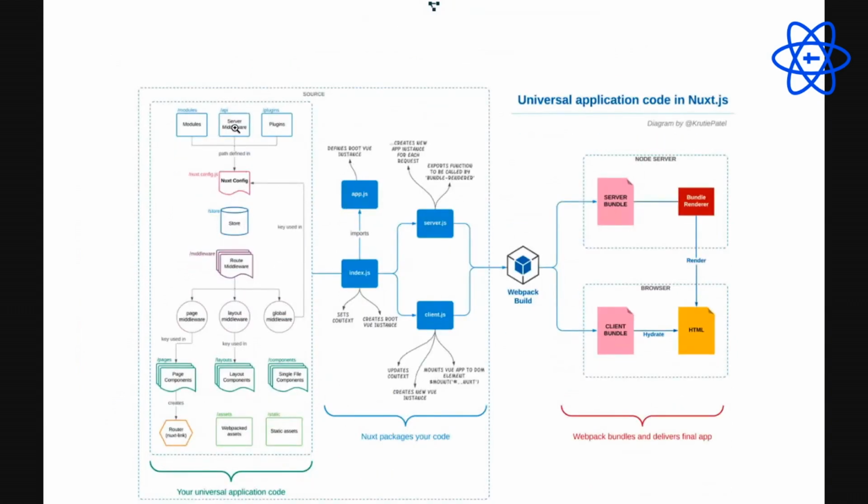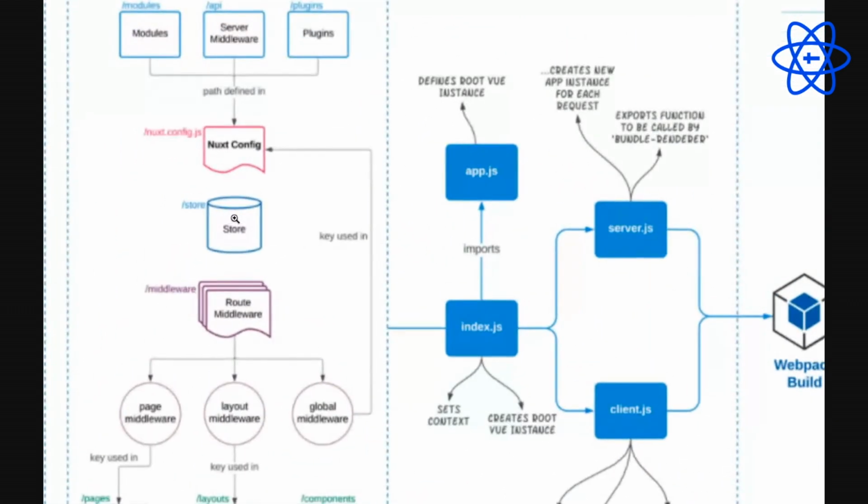Here we can see we have this folder called store, which is completely optional in the Nuxt directory, only needed when you have a Vuex store, which is similar to Redux in React. So for Vue, we have Vuex, which is our state management. As soon as you create this store folder with your index.js, and believe me, it could be empty, the Vuex store will be activated in your Nuxt project.